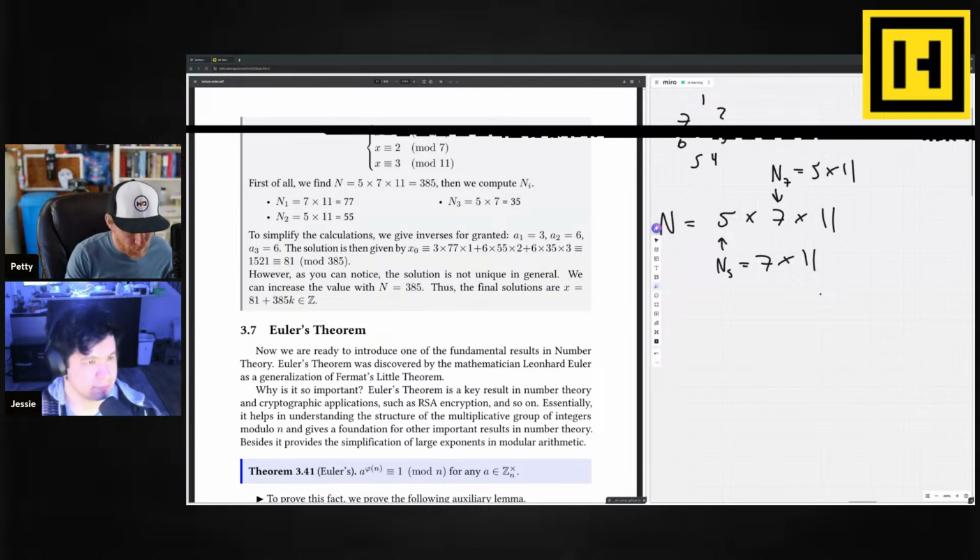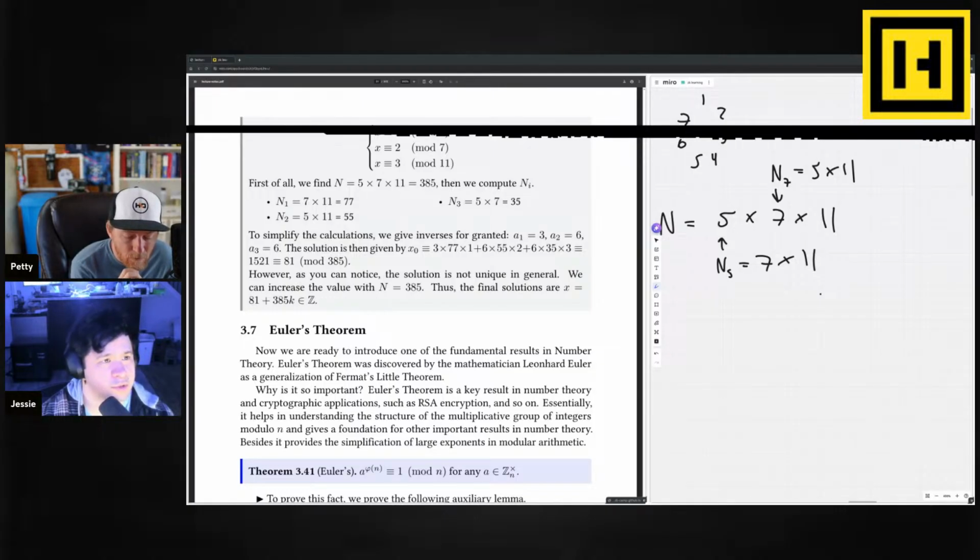Use Wolfram or Python. 1521 minus 3 times 385 is 366. So that's not right.